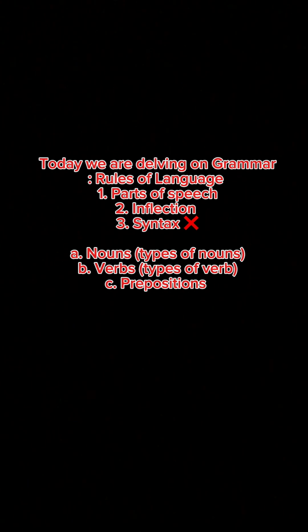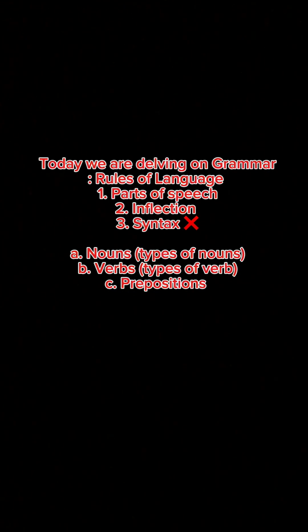When we're talking about parts of speech, we're talking about adjectives, verbs, prepositions, and other parts of speech. We did them during our first tutorial, where we distinguished between primary parts of speech and secondary parts of speech.